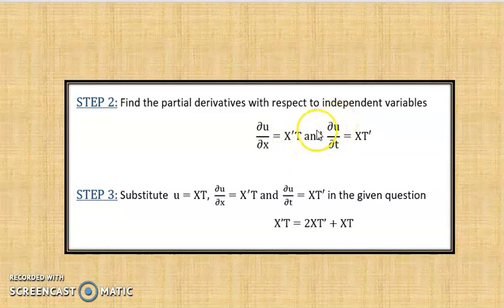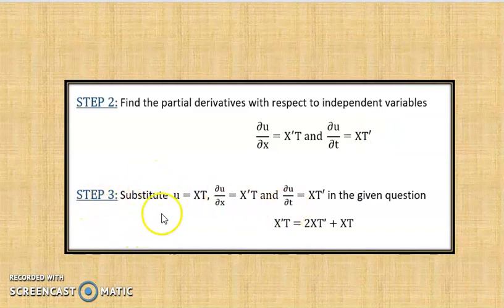Then similarly, when we differentiate u with respect to small t, capital X is a constant since capital X is a function of small x alone. Therefore, dou u by dou t equal to capital X into derivative of capital T with respect to small t, that is T dash. Therefore, dou u by dou t equal to X T dash.